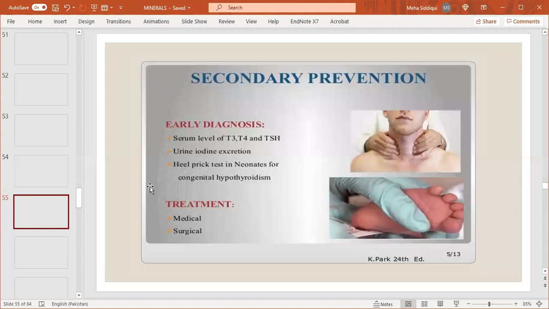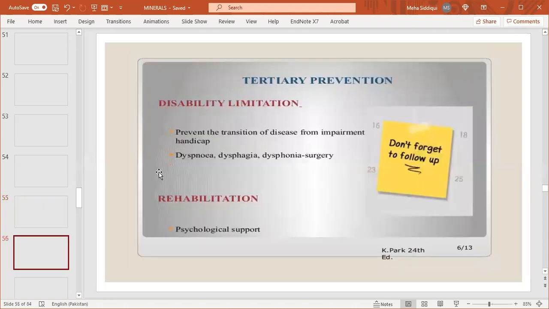Early diagnosis is done through serum levels of T3, T4, and TSH, urine iodine excretion, and the heel prick test in neonates for congenital hypothyroidism. Treatment occurs through medical and surgical interventions. Tertiary prevention is disability limitation, preventing the transition of disease from impairment to handicap, like dyspnea, dysphagia, and dysphonia, through surgery. Rehabilitation is through psychological support.